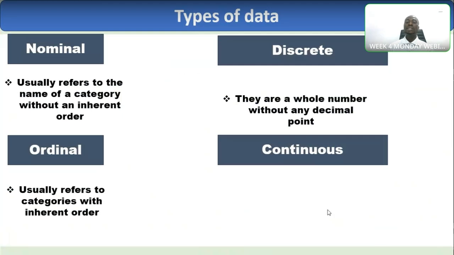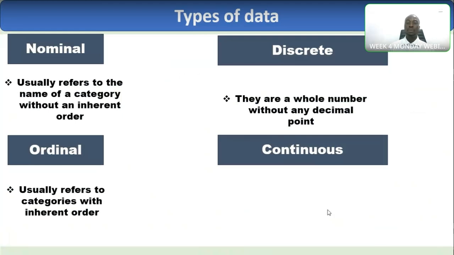Discrete data means that this particular data can be represented in whole numbers, and we cannot put them in decimal points. For example, if we say how many students are in a particular school, we can't say there are 101.5 students.